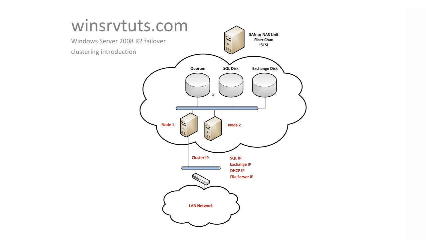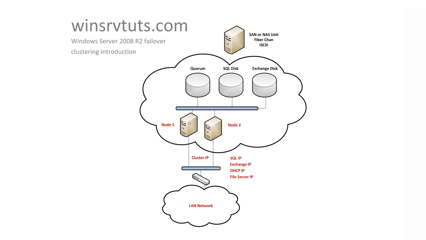There's something called failback that can happen. So let's say node 1 is a more powerful server than node 2. The cluster can be defined with a preferred node to run on. And so what will happen is when node 1 comes back on and the cluster sees that node 1 is back online, then all of our service application groups can be transferred back from node 2 to node 1.